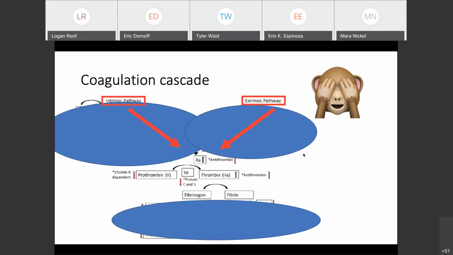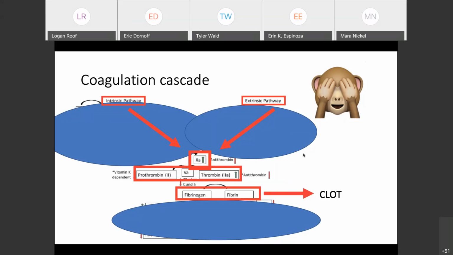Both of their goals are to get to factor 10A. So factor 10A is the first part of what we call the common pathway, and then that activates prothrombin to become thrombin, and factor 5 helps out with it. And then thrombin helps convert fibrinogen to fibrin, and then you have your clot. That is the simplest explanation of the clotting cascade that I can give you.